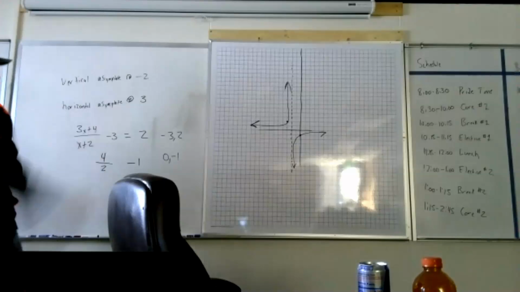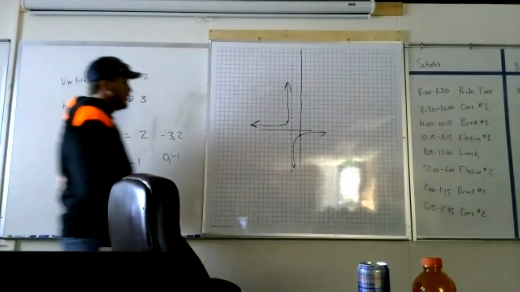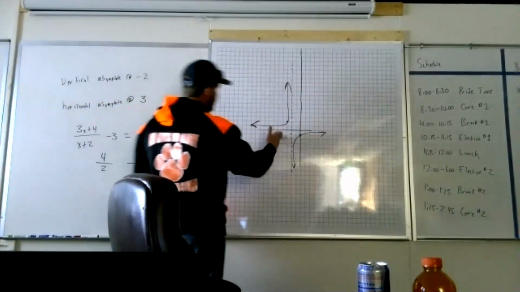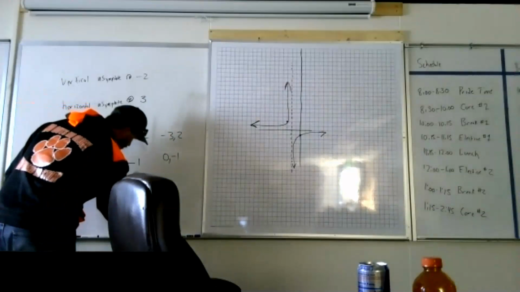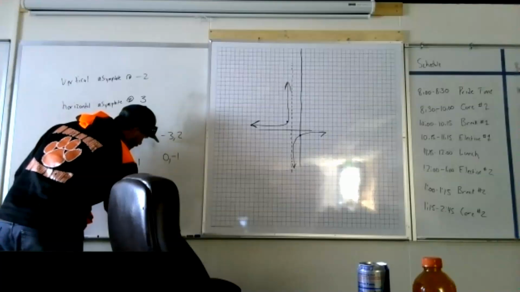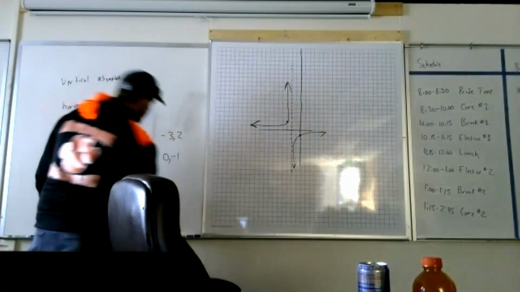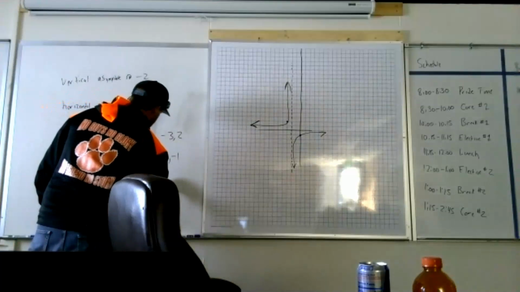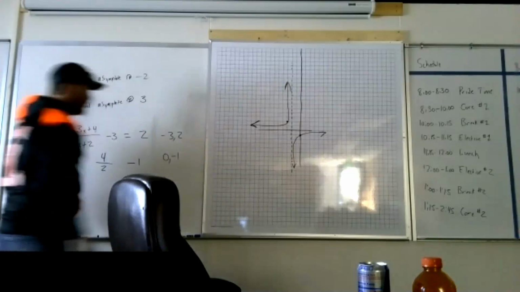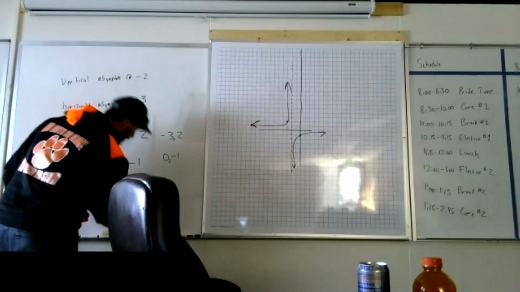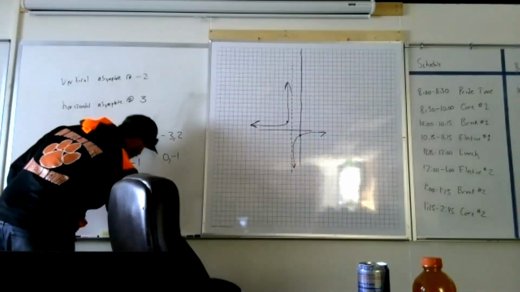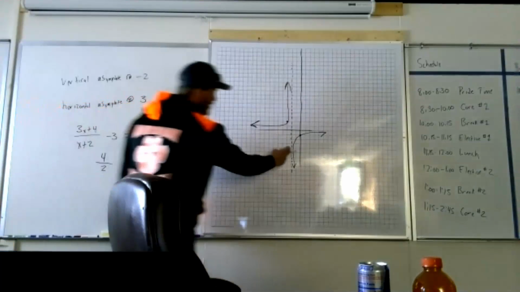So I ask myself, where is it greater than or equal to 0? That bound is going to be from -infinity to -2 with parentheses in interval notation. I have to use parentheses at -2 because that's where my vertical asymptote is.